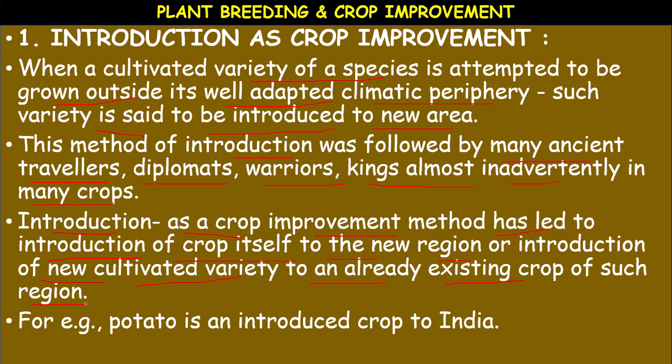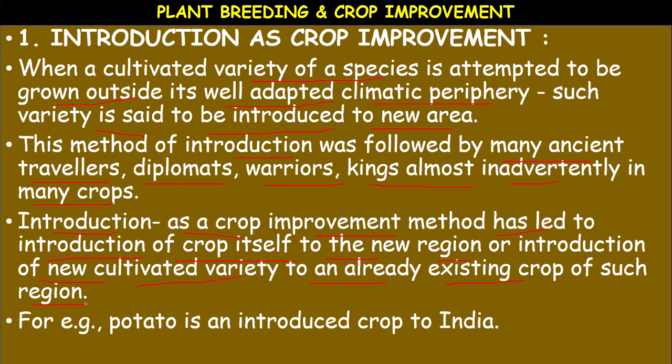Okay, if an already existing crop is there and we are introducing a new variety of the same plant species, then there is a chance of some attack of some new disease. So, that is why before introduction they do the quarantine. Okay.